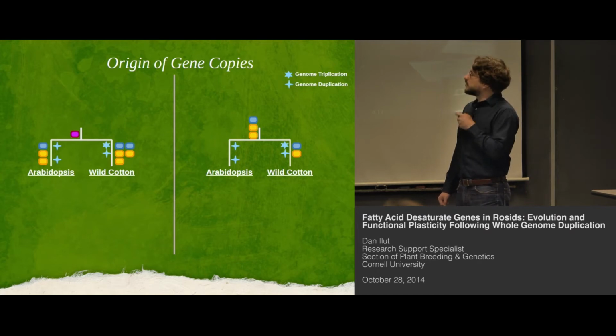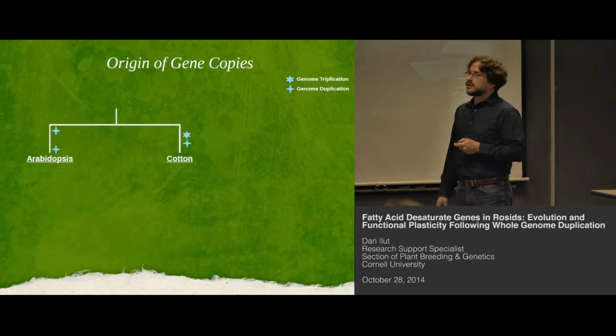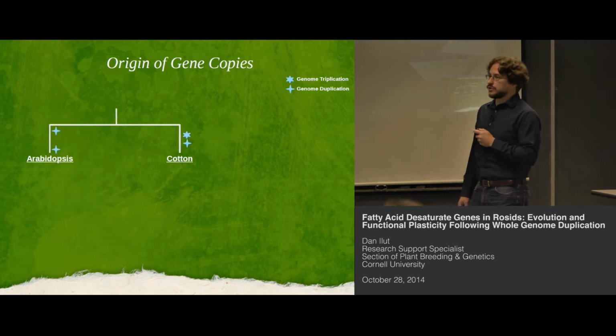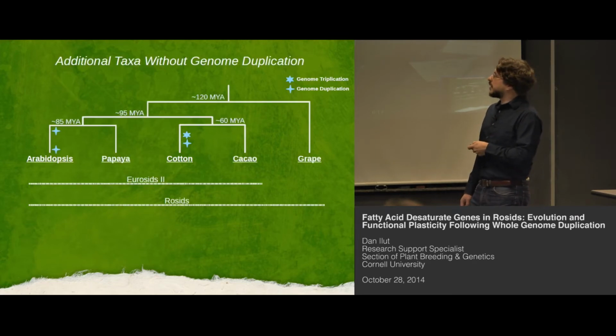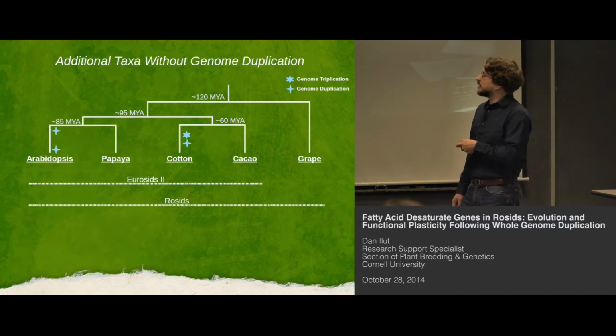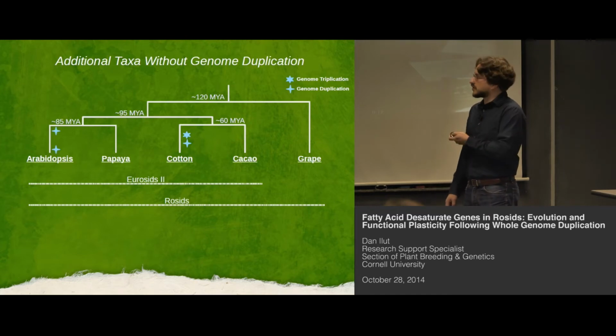So to do this, we started with our Arabidopsis and cotton information, and we filled in with additional taxa without whole genome duplication. And all of these are sequenced genomes publicly available: papaya, cacao, grape, and cotton D genome is also publicly available, and of course Arabidopsis.